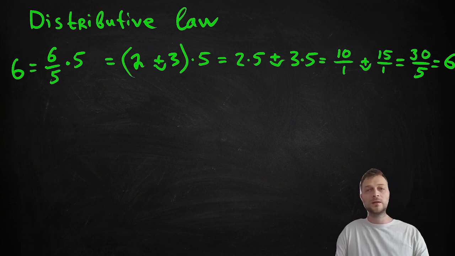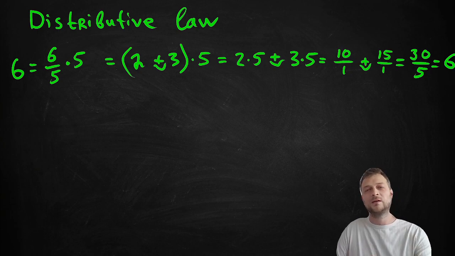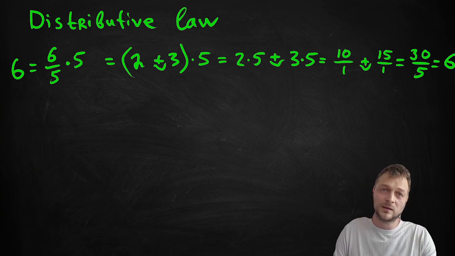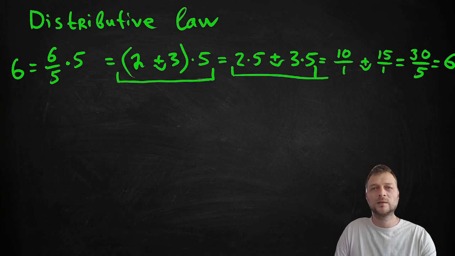The distributive law. We know that it works for the standard plus operation. Let's double check with one example that it works also for our unusual plus operation. We start from this, and here on the right I first open parentheses to do the multiplication operation first and then addition. So I proceed to this, and finally I get the output 6.